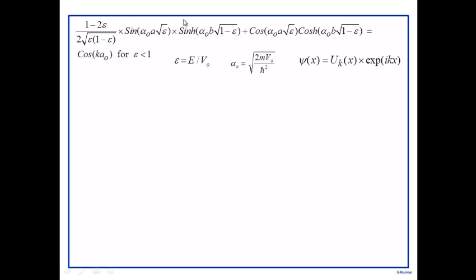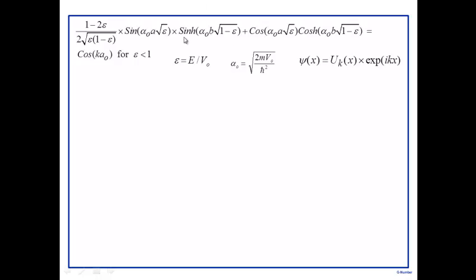What we need to do is solve this particular equation, and the solutions will tell us what values of energy are allowed and what values are not allowed. In an infinite quantum well, we got discrete energy levels; some energies were allowed, some were not. Similarly in a finite quantum well, and similarly here. All I had was Schrodinger's equation written in two different regions, and after matching boundary conditions, we end up with an equation like this.